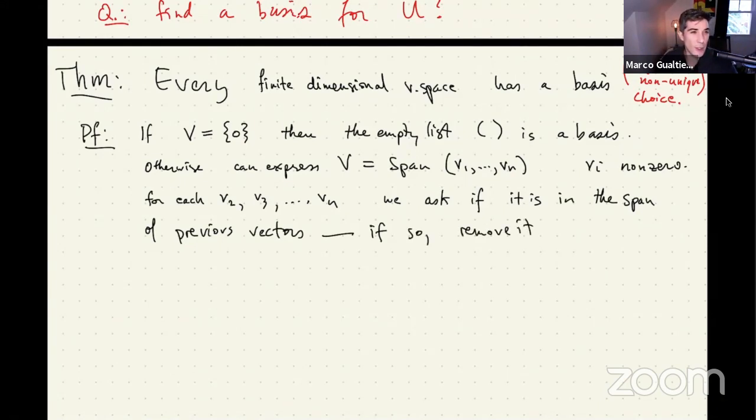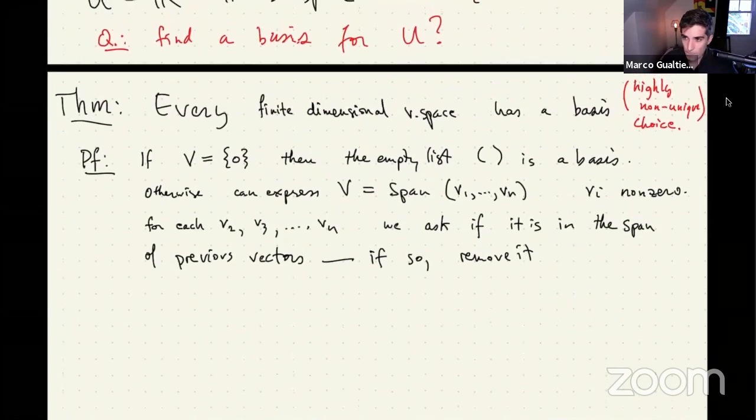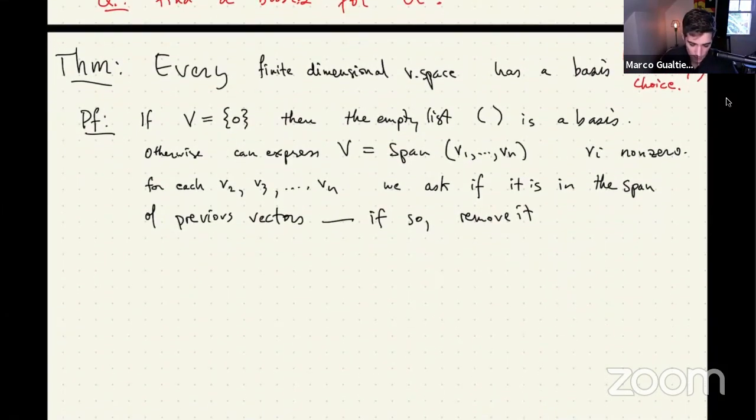And this doesn't change the span at all. This is part of the lemma that we proved last Tuesday, right? So if we find a vector which is in the span of the previous, we just remove it, and we just go successively through the list this way. If not, keep it. We just go through the list from left to right, checking this condition.